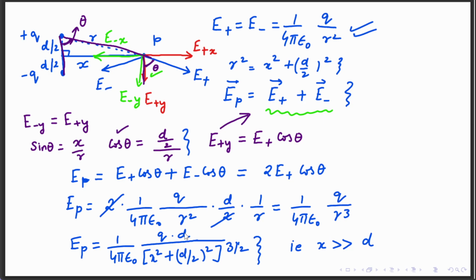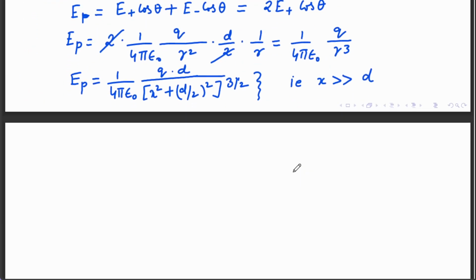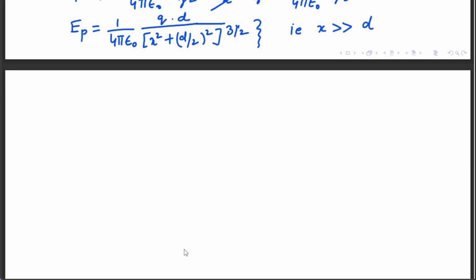So if x is much greater than d, the denominator x square plus d by 2 whole square to the power 3 by 2 can be approximated as x cube.